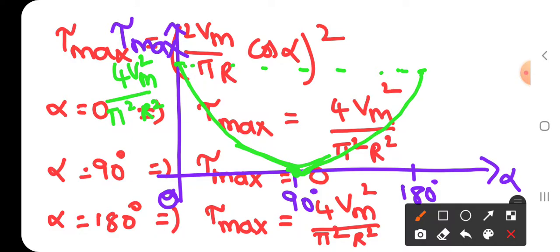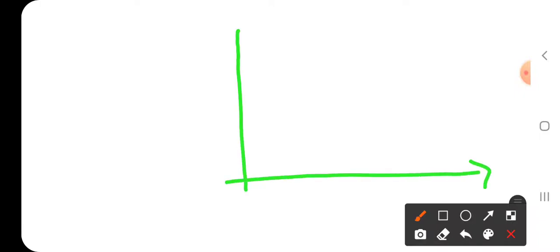Similarly, the torque versus speed characteristics are parabolas. Let this be omega, the angular velocity, and this be torque. When omega is equal to 0, the torque is maximum.